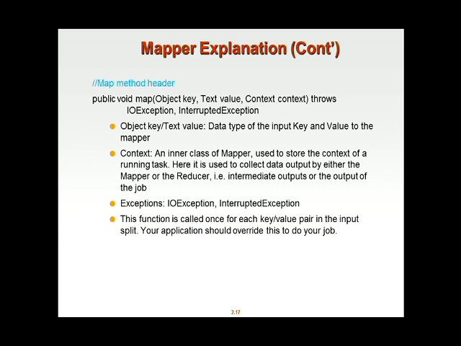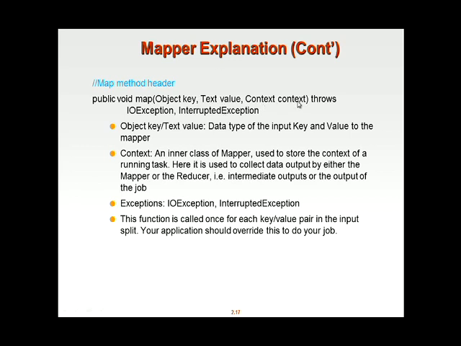Now we go to the map function. So let's look at the map function. The map function takes 3 parameters. The first two are the input key and value data types. So the input is a document ID and a document, right? So it's an Object key and Text value.